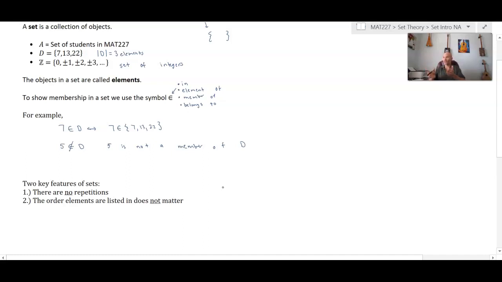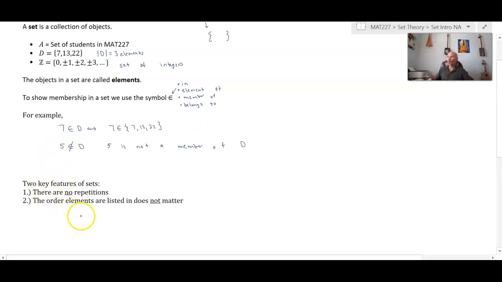So in a list, if you've ever defined a list in a programming language and you list the elements as 7, then 1, then 3, that's not the same list as the elements 1 and 7 and 3, or 1 and 3 and 7 for that matter. But a set is useful in that we're not going to list any repetitions, and it really doesn't matter what order you list the elements in. If it does, then the set is just not an appropriate data structure.